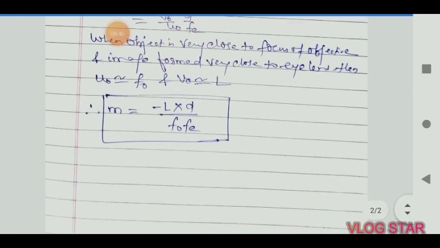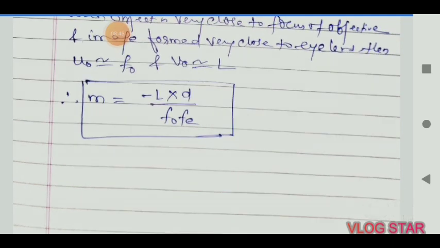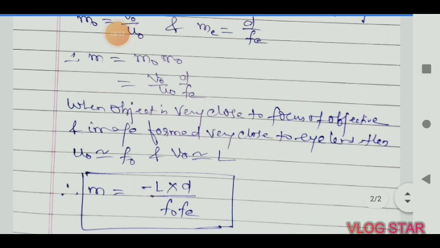From that relation you can also see that in order to get large magnification, F_0 and F_E should be as small as possible. Okay, so in that way, by a combination of suitable lenses, two convex lenses, we can magnify an object to a large extent. Okay, thanks.